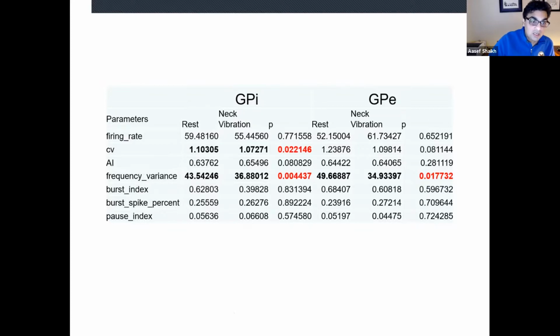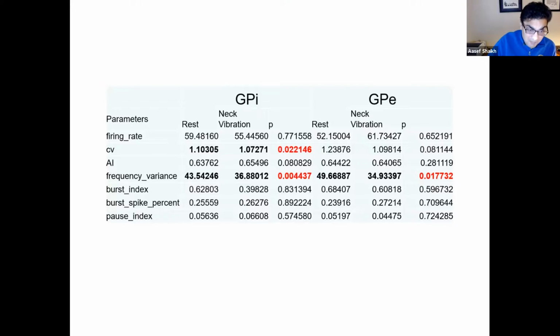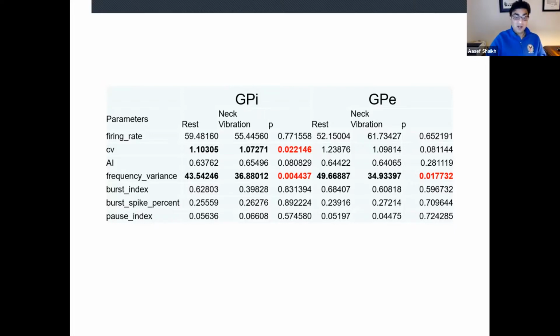So what you see is that vibration does not really instantaneously change the firing rate, but it does robustly reduce the CV, coefficient of variation of firing, and also the frequency variance. In other words, the firing behavior, the regularity, robustly changes as you vibrate, and that happens rather instantaneously. Remaining properties remain unchanged.